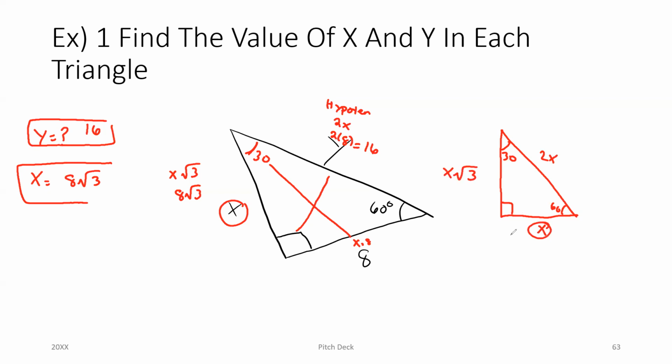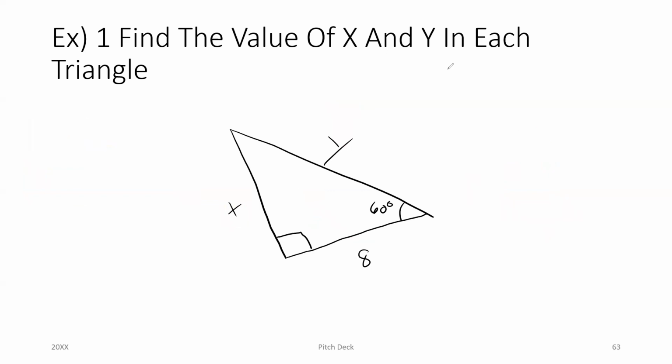So our x is 8. And then this would be 8 radical 3. And then this is 2 times 8, which is 16. Okay. Yeah, let's move on to the next example.